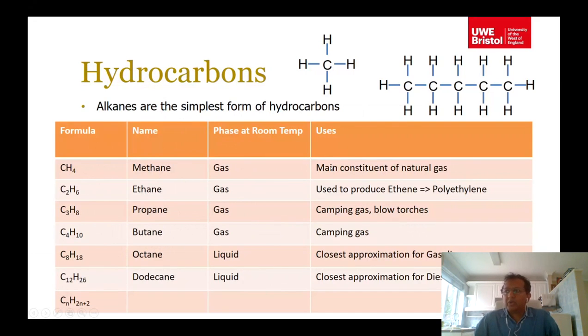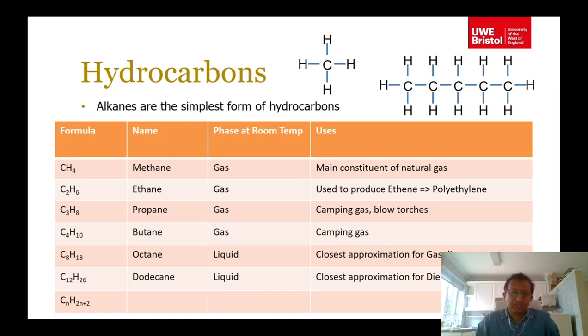Then you look at the hydrocarbons. If you remember, the most basic hydrocarbon is methane. Then the number of carbon and hydrogen atoms increase. Ethane has the chemical formula C2H6. Propane is C3H8, and then C4H10 is butane.